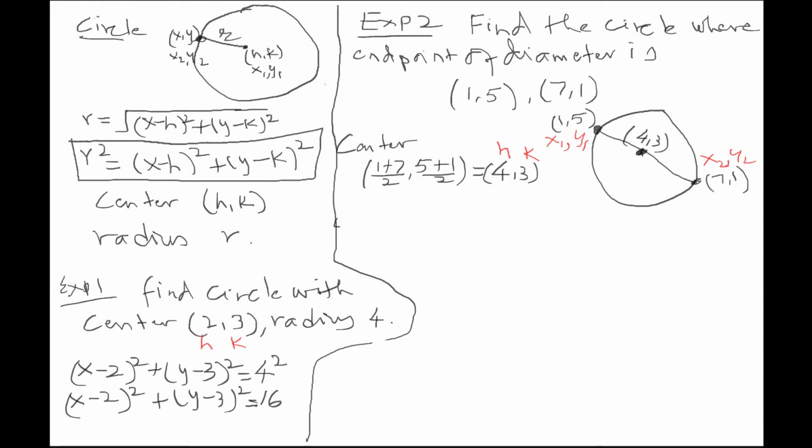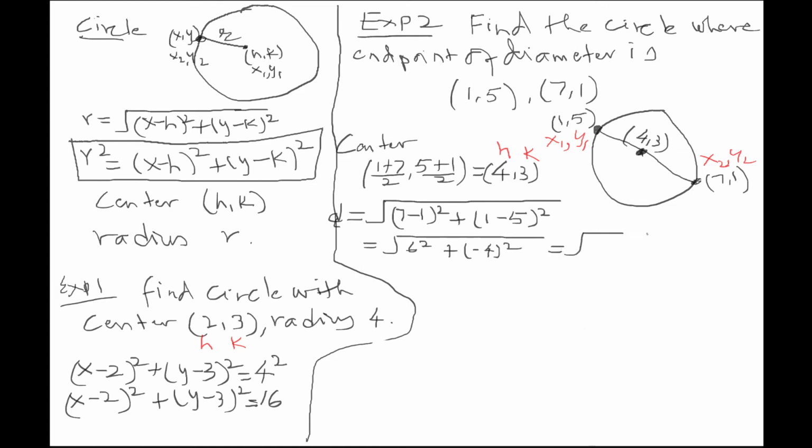The diameter d equals the square root of (x2 minus x1) squared, that is (7 minus 1) squared, plus (y2 minus y1) squared, that is (1 minus 5) squared. That is 6 squared plus negative 4 squared. 6 squared is 36, and negative 4 squared is plus 16. So you get the square root of 52.